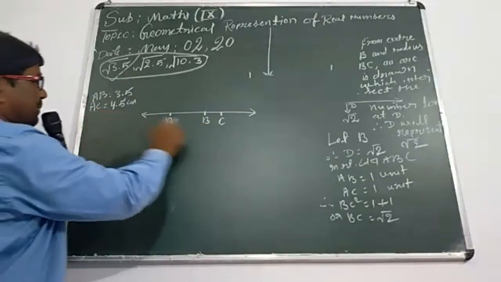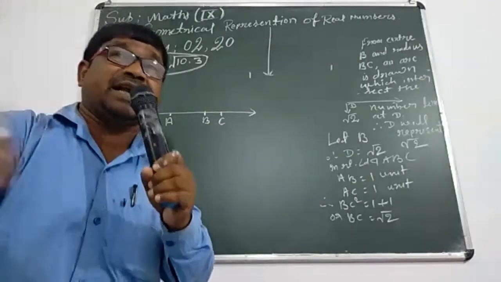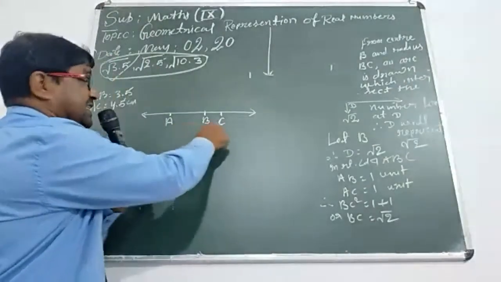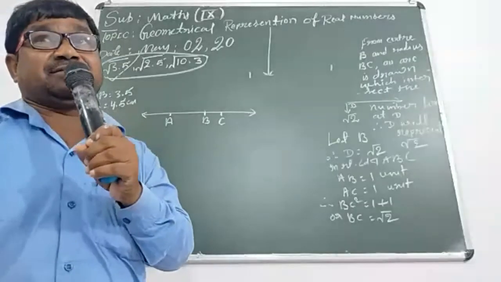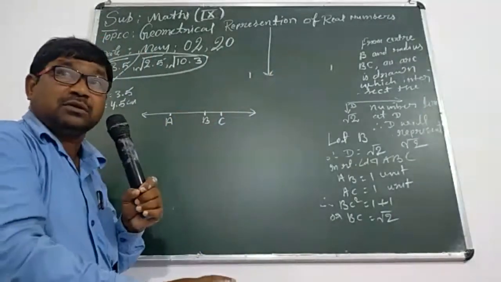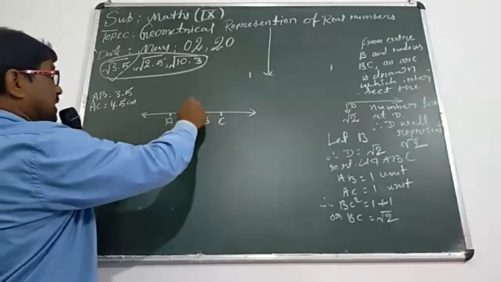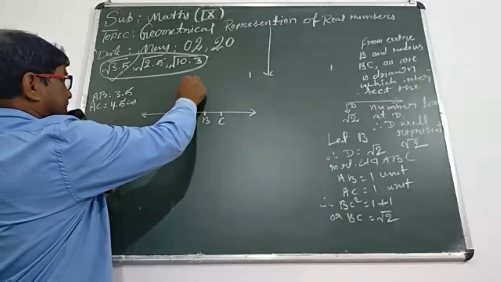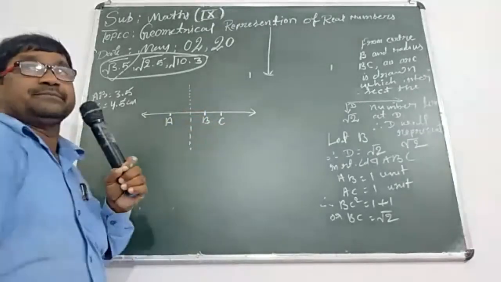So AC will be 4.5 cm. Now we will draw the perpendicular bisector of AC. Mind the word perpendicular bisector. Perpendicular bisector we will draw. Suppose that this is the perpendicular bisector of AC.